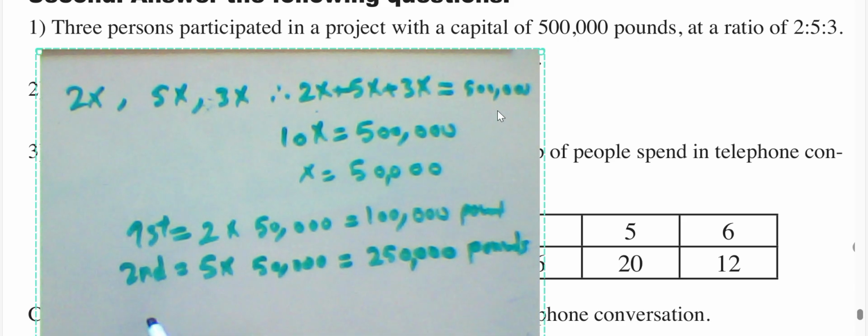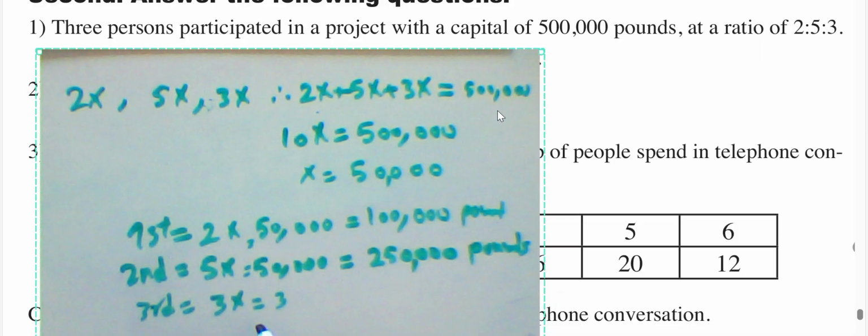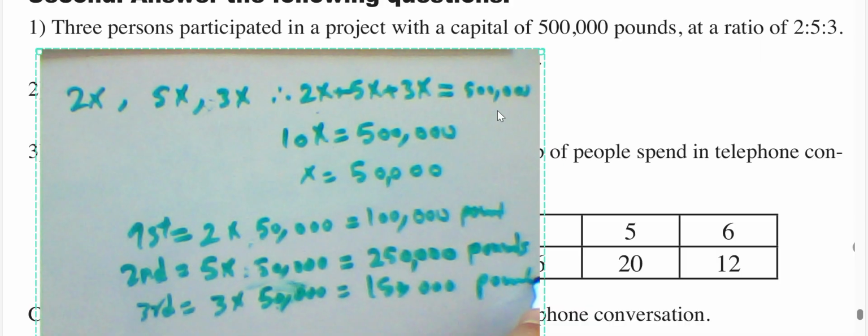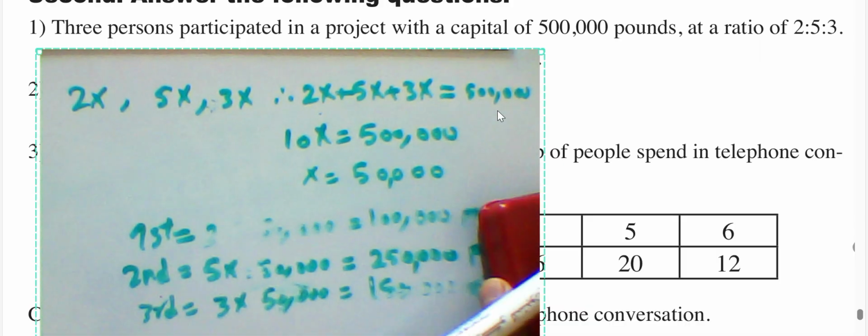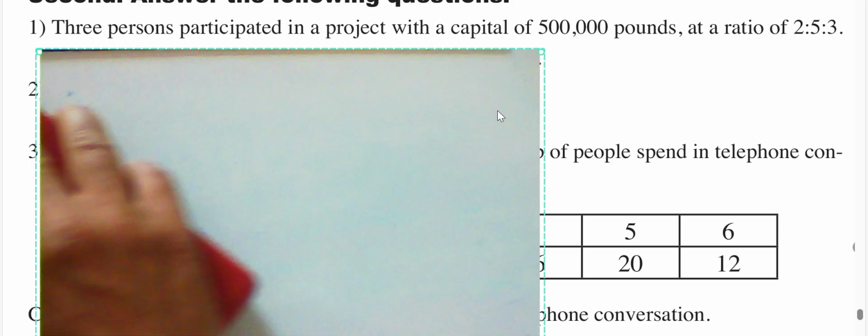And the third will take 3x, 3 times 50,000, which will be 150,000 pounds. Next question.